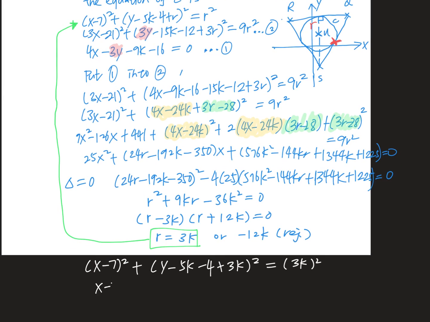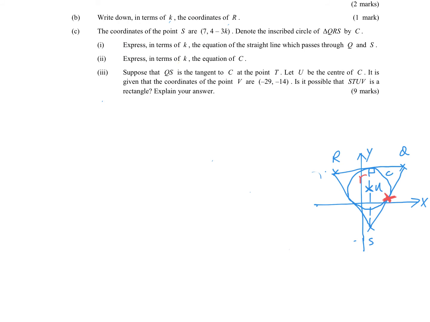And then that would be x minus 7 all squared plus y minus 2k minus 4 all squared equals 9k squared. So tedious. Okay, so that would be part C2, about the complicated math. Okay, so that will be the last part.